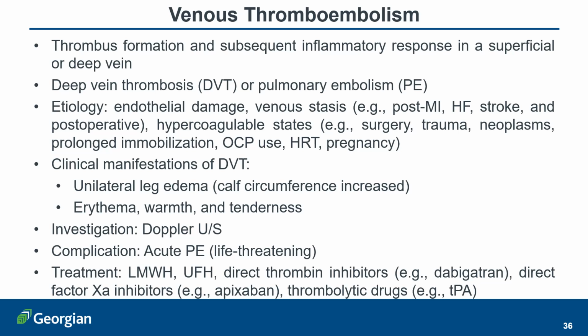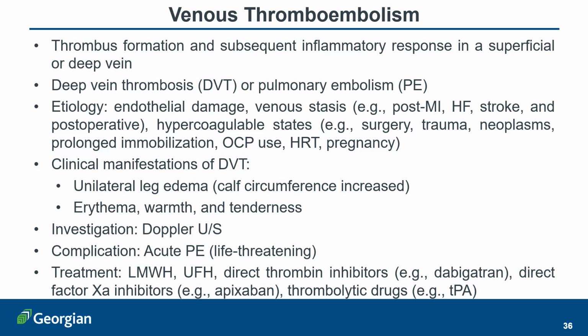The clinical manifestations of DVT include unilateral leg edema. So the thrombus or the embolus typically forms only on one limb, not both limbs. So unilateral leg edema, as the blood vessel becomes occluded, that increases the hydrostatic pressure in that particular vein, and that causes increased exudation of fluid out of the blood vessel, resulting in unilateral leg edema.